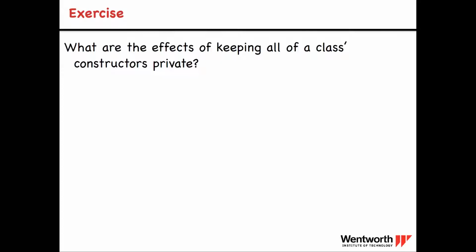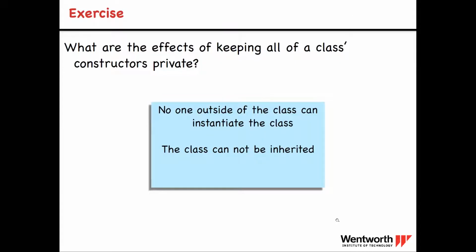And if super is not accessible, in other words a private constructor, then we would not be able to access that, and thus not be able to write a subclass from that type. So the two situations that should come to mind when you're thinking about a private constructor are that no one outside of the class can instantiate the class, and the class cannot be inherited.